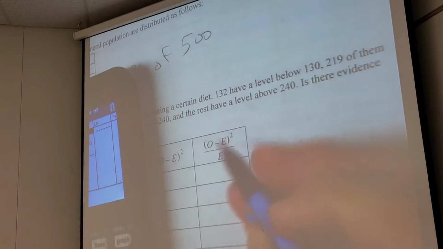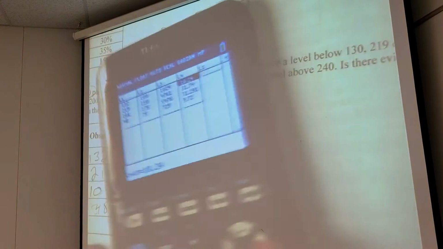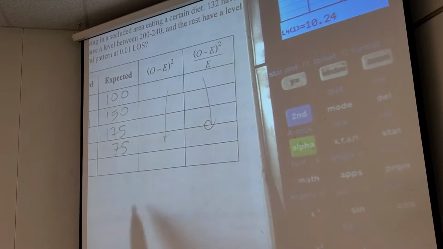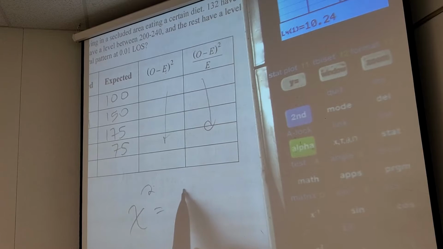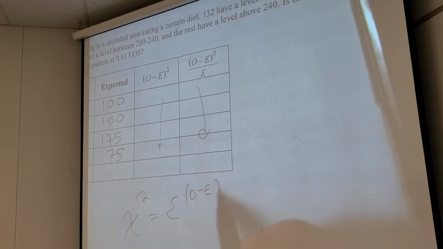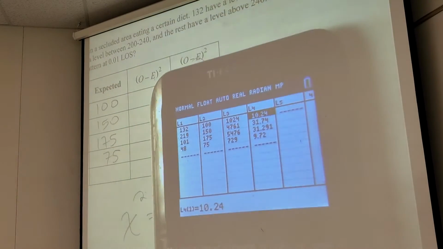So let's see. Blah, blah, blah. And then chi-square is the sum of these. So I just got to add that column up.